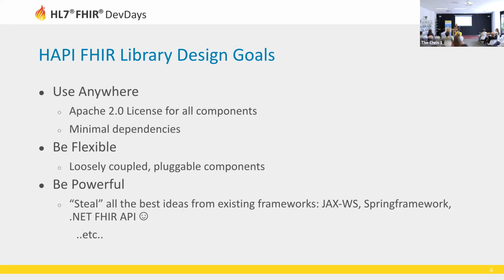HAPI, we've tried to do the exact same way. So with HAPI, if you just need a parser, just use the parser. If you just need a validator, you just use that. But if you need both of those things in a server and a client, we've got all those things and they all play well together. So we've tried along the years to stick to that same ethos that I think Spring has done really well. We've tried to be inspired there.